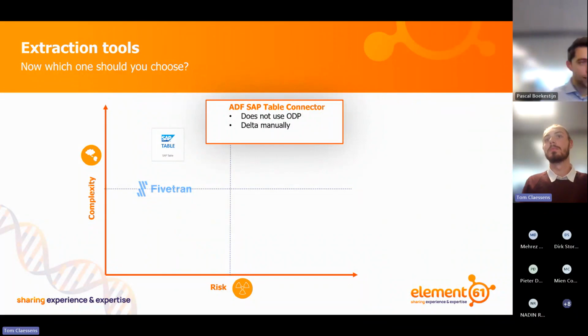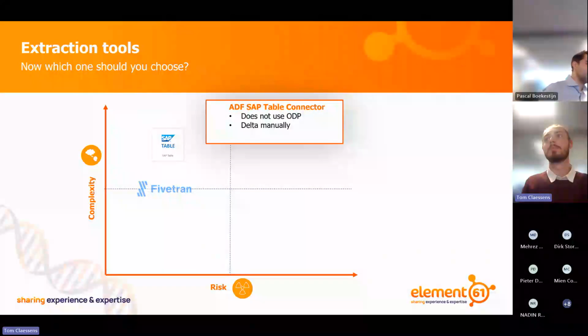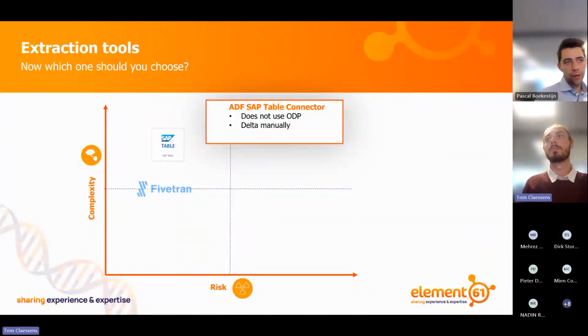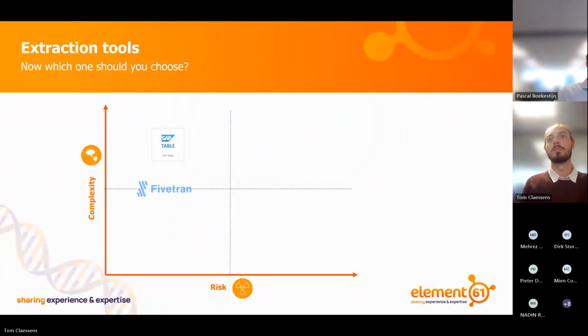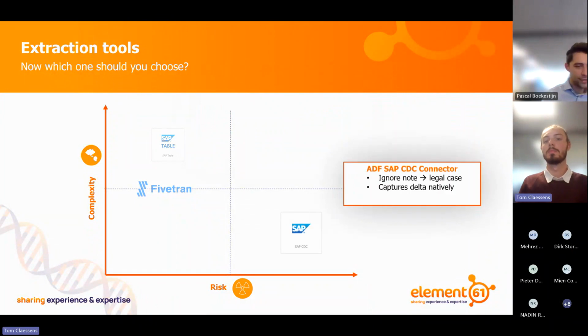Think CD header, CD pulse. Yeah, we need to work with the delta, and we need to make sure that we're not just full loading this table every night again, because that will probably never work. So here we need to think about a strategy on how to offload these tables, so hence the complexity is a little bit high. A third one is the CDC connector.